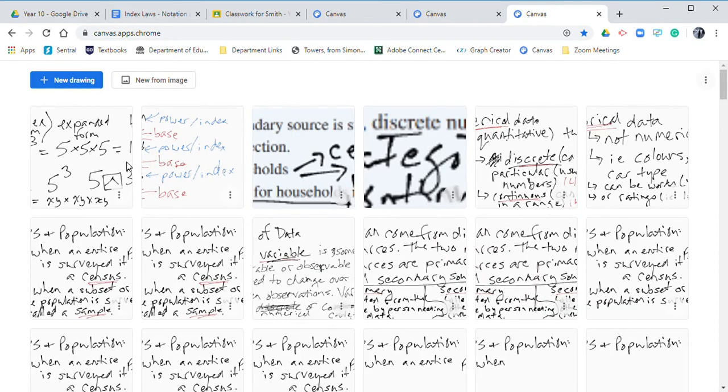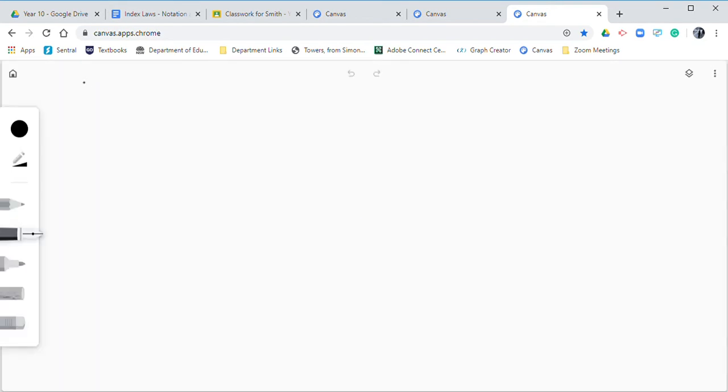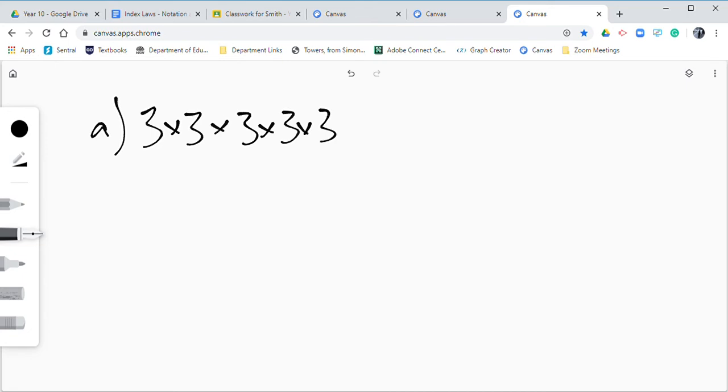The next thing, in the second example, I'm going to give you some things and go the other way. If I gave you 3 times 3 times 3 times 3 times 3, and asked you to write it in index form, first of all, you write your base. So all those 3's would be your base.